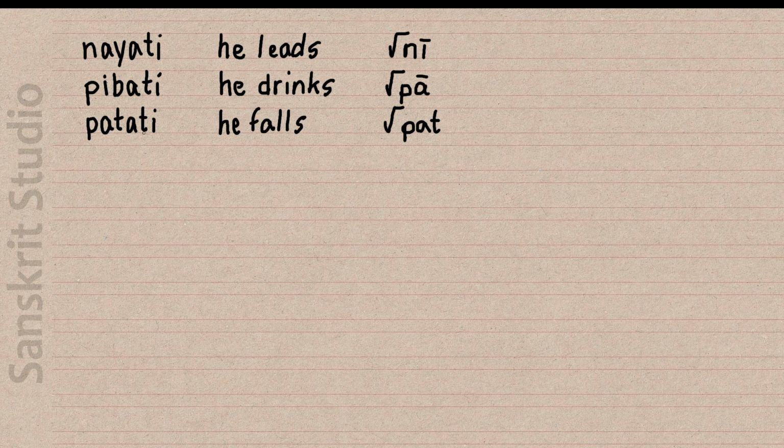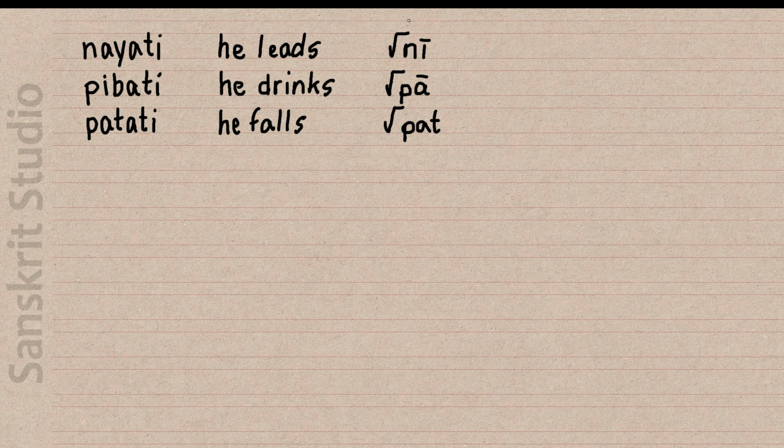All right. But you may decide that you don't want to mess around with the root, and then you can use another book, just to figure out what the root is, and then you can look it up.